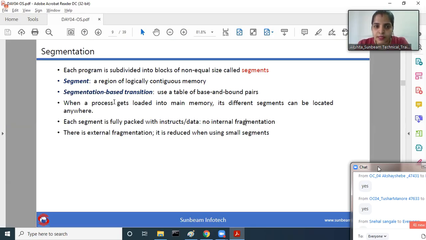When the process gets loaded into the main memory, its different segments can be located anywhere. I will explain how segmentation works. But in the case of segmentation, there is no internal fragmentation. There is external fragmentation, but we can avoid external fragmentation using compaction, right?